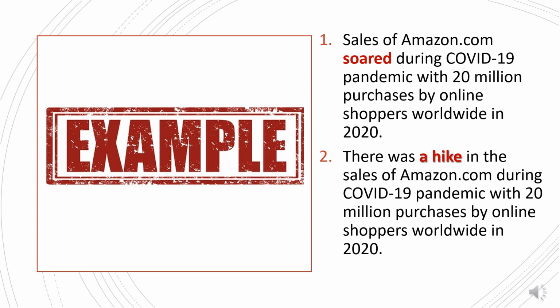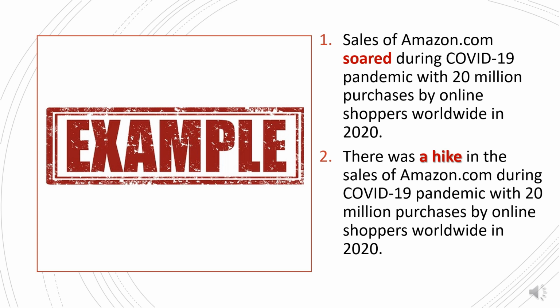Let me give you an example. The first one is using a verb. Sales of Amazon.com soared during COVID-19 pandemic with 20 million purchases by online shoppers worldwide in 2020.